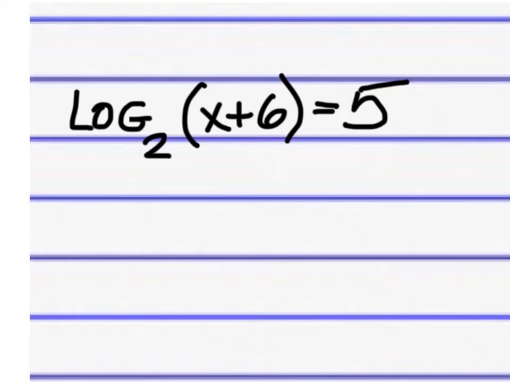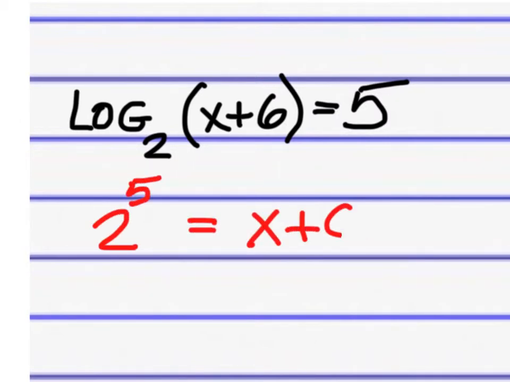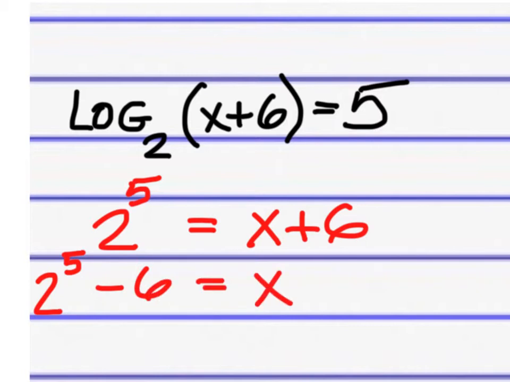You have log base 2 of the quantity x plus 6, close the quantity, equal to 5. If you know the basic setup for logs, then you should know that that means 2 to the 5th power equals x plus 6. Solve for x. I can keep x where it's at and move that 6 to the left.